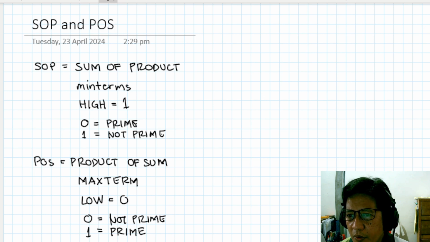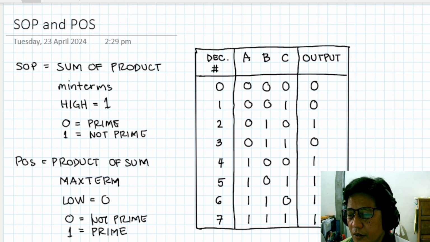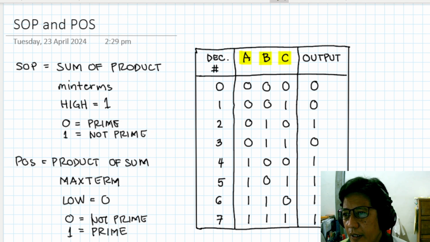To understand more, let's have an example truth table. I am going to draw a truth table first. So here is our truth table. It has 3 inputs, input A, B, and C. And the possible number of combinations having 3 inputs has a total of 8.